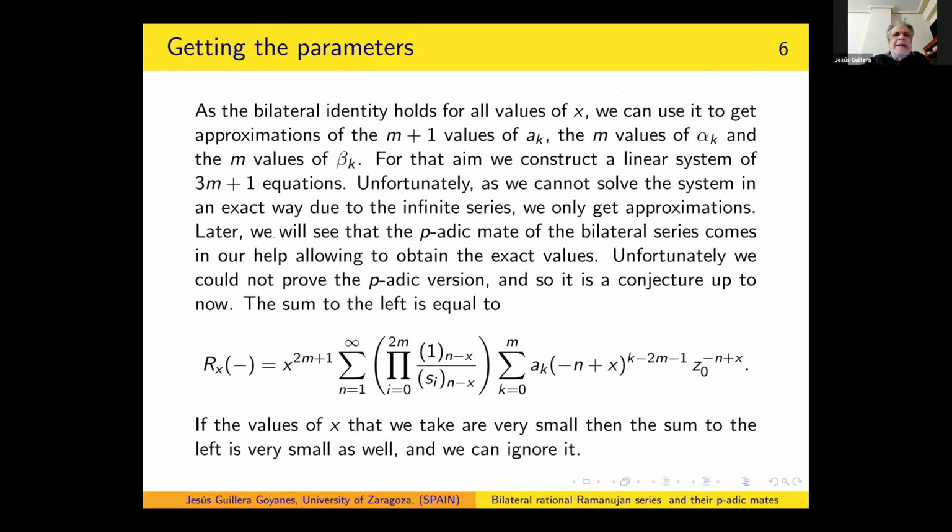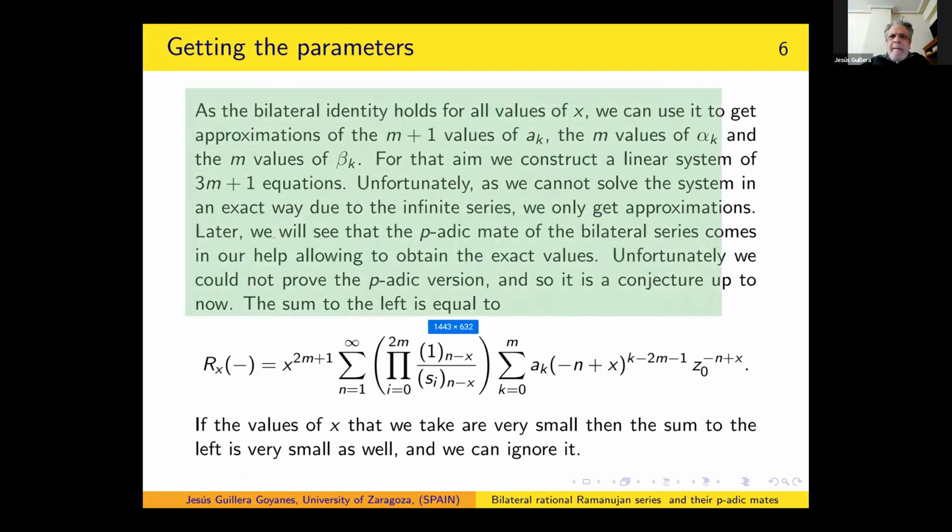As the bilateral identity holds for all the values of x, we can use it to get approximations of the m plus 1 values of a sub k, the m values of alpha sub k, and the m values of beta sub k.